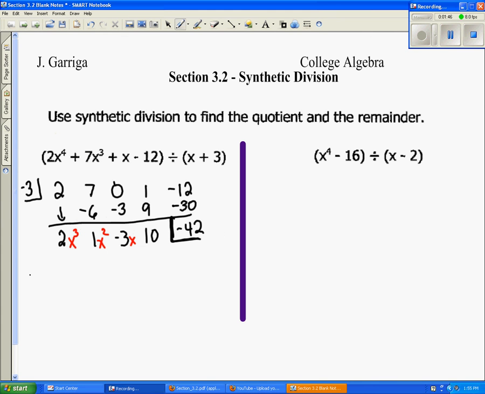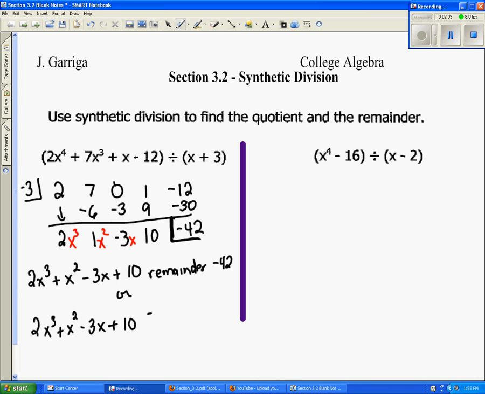So this is going to be 2x cubed plus x squared minus 3x plus 10 with a remainder of negative 42. Or, if it doesn't ask specifically to list the remainder, we will include it in the whole polynomial and say minus 42 over the original divisor, which is x plus 3.